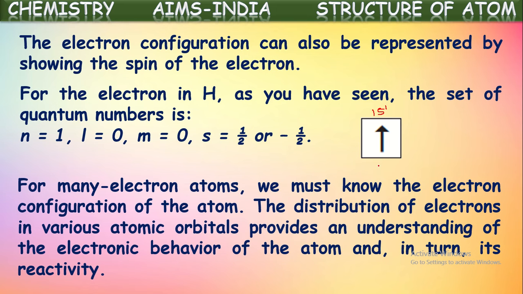So if we know the electronic configuration of an atom, then we can understand the behavior of that atom. Behavior in the sense of whether it is a stable element or a reactive element. These properties of the atom or element will be known by knowing its electronic configuration. So first we have to know how to write the electronic configuration of the element.